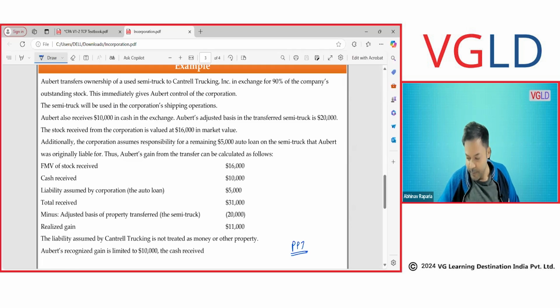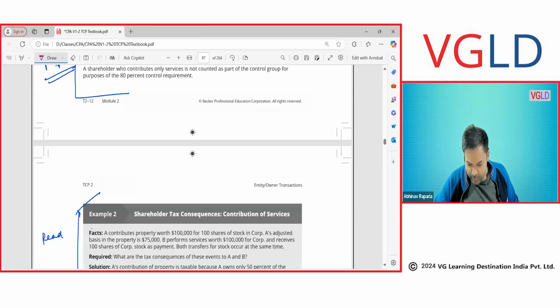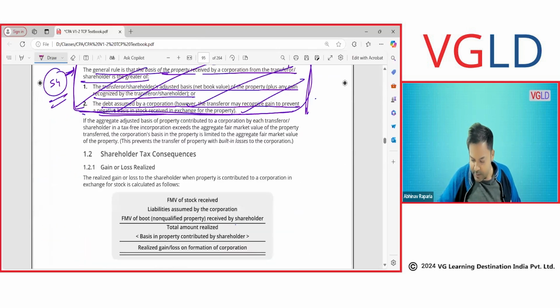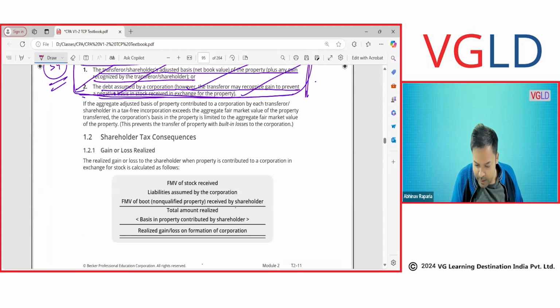Should I move, guys? We have done all the questions from your book. If you see, the same format is this also. This is gain or loss realized, step number 1. Same fair market value of the stock, liability assumed by the corporation, fair market value.